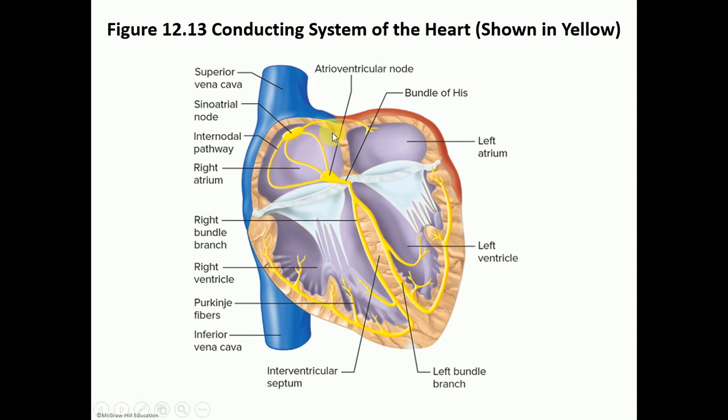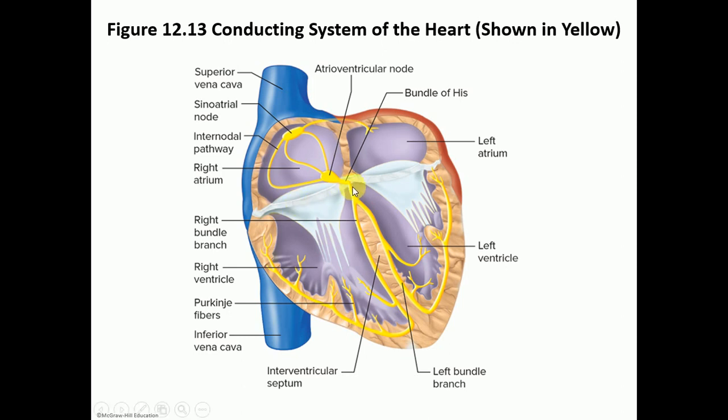Then we have fibers that spread the action potential to both atria. You see here the right atrium, and then a little branch spreading it over to the left atrium. Then the electricity has to go through the atrioventricular node, which is the AV node, and then to the bundle of His. His is the scientist that discovered it, and it's also known as the AV bundle.